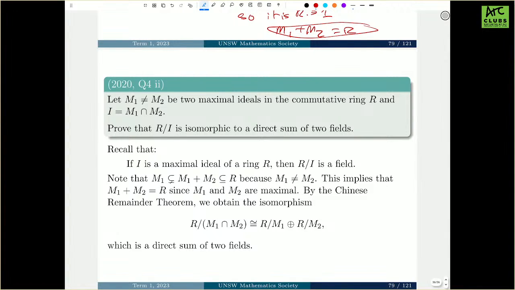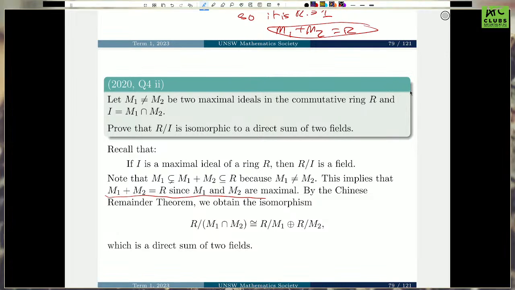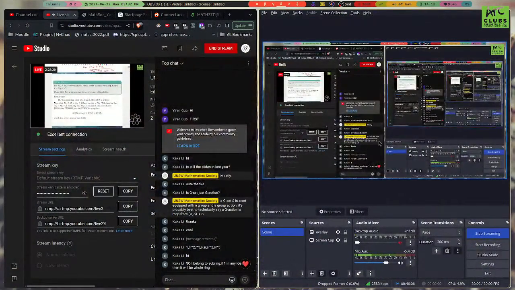Okay, let's just look at the answer here. Yes, we have this since they're maximal. Okay, I'll leave it here. And we'll continue with rings in the next seminar. That's it.